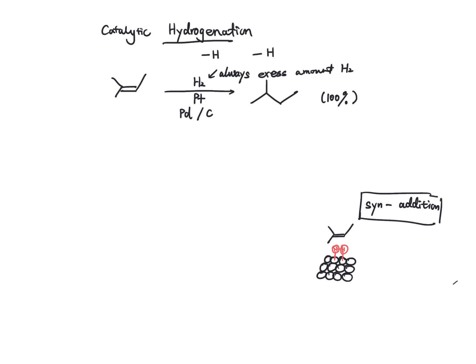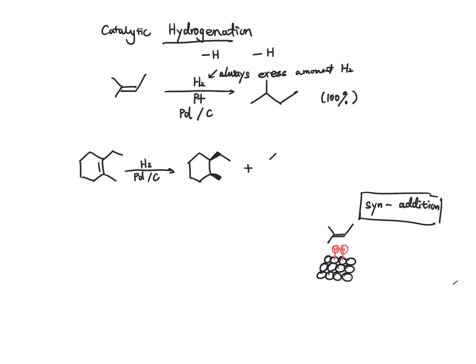So if you start with this molecule right here, let's see how we can show the syn addition. We use hydrogen with palladium on carbon. And for syn addition, your hydrogen will end up on the same side, meaning that your acyl and the methyl group will end up on the same side as well.